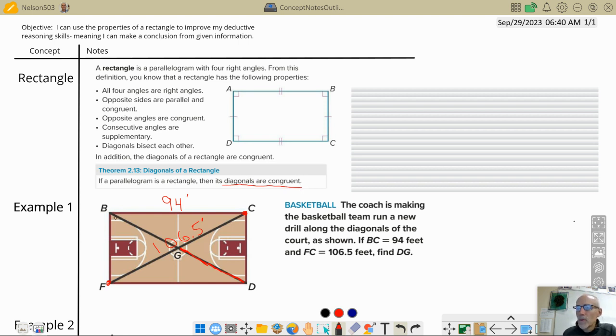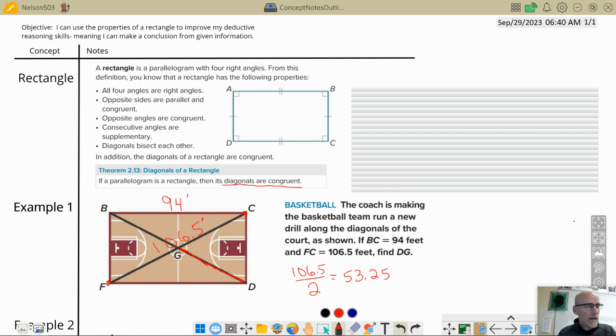And so we're going to say, well, the other diagonal has to be 106.5, right? And we know that because it's a parallelogram, the diagonals bisect each other. So I'm just going to take 106.5 and divide it by 2. And what does that come out to be? 53.25, I think.